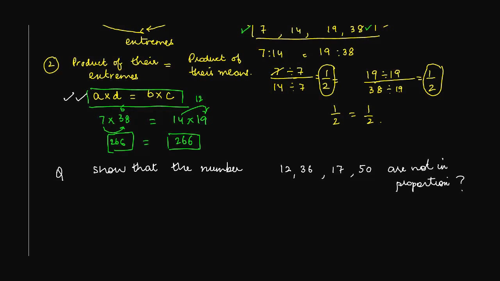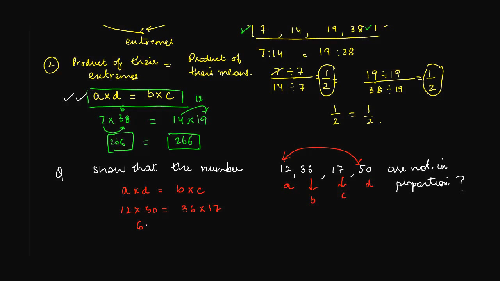Let's use this particular formula. So if these numbers are in proportion, what will happen? The product of the extremes. What are the extremes? A and D. If these numbers are proportional, then A into D should be equal to B into C. We have B here and we have C here. So 12 into 50 should be equal to 36 into 17.